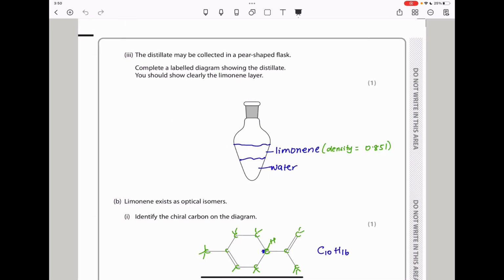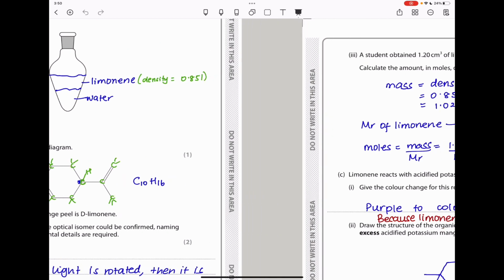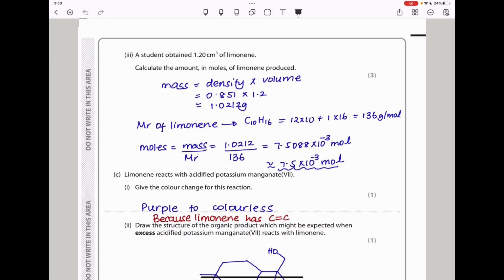Let me take you back here. You can see from the structure that we were given, the molecular formula is carbon 10, hydrogen 16. So we can use this to calculate the molar mass. Here we can see that the molar mass is going to be 136 gram per mole, if you can see how I calculated that. Now we can find the moles since we have the mass and we have the molar mass. Dividing the mass by the molar mass, we get 7.5 times 10 to the power negative 3 mole.